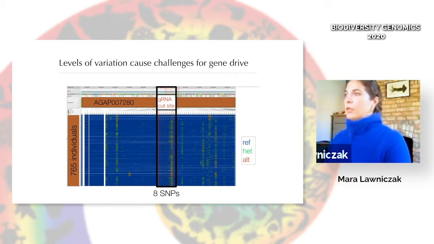And a lot of research is really focused on places where there's very high levels of conservation now. But a few years ago, this was a real guide RNA cut site that looked promising, and just segregating in these 765 individuals were 8 SNPs in that small little region. So you have a sense that there's a huge amount of variation, and that resistance alleles are basically already present in the population before any kind of gene drive implementation would even be released.